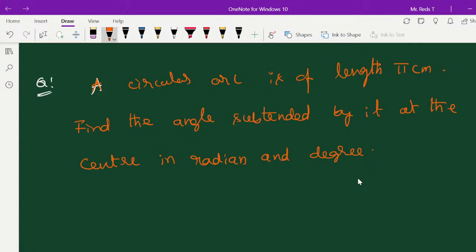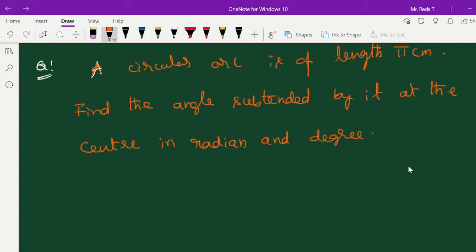To answer this, try to depict this in pictorial form. Then it is easy for you. There is an arc which is a part of a circle. So let us consider a circle with one horizontal diameter and one vertical diameter, and there is a small arc.